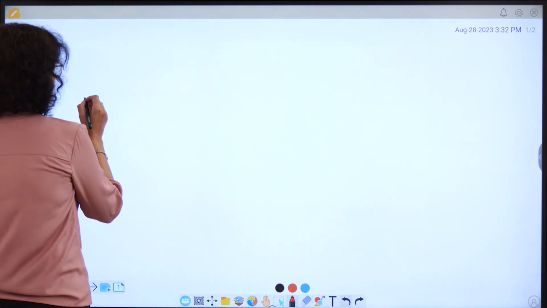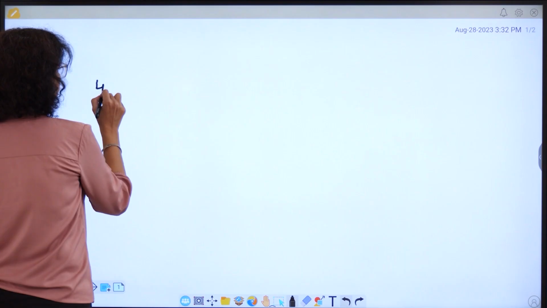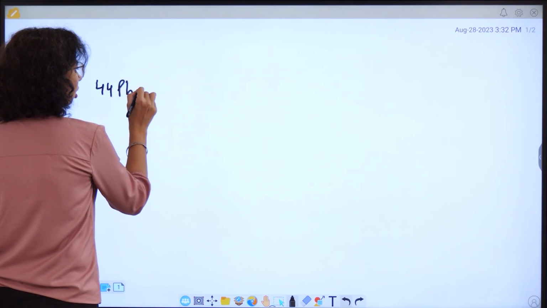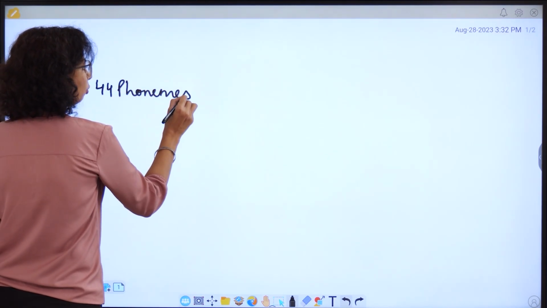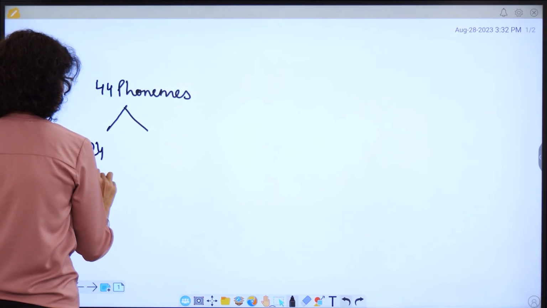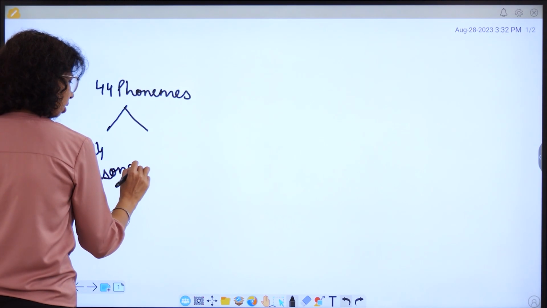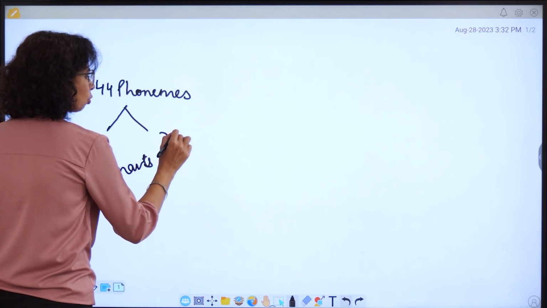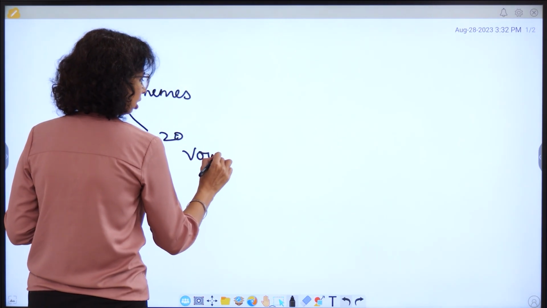As we have covered in the previous sessions, there are a total of 44 phonemes in English, which are divided into two parts, that is 24 consonants and 20 vowels.